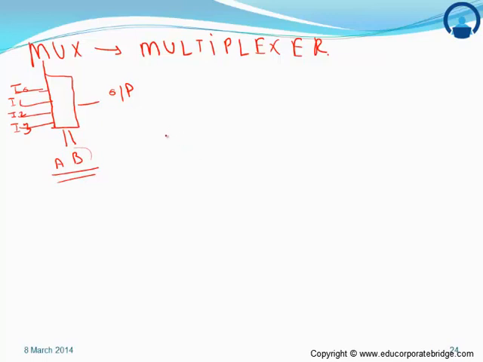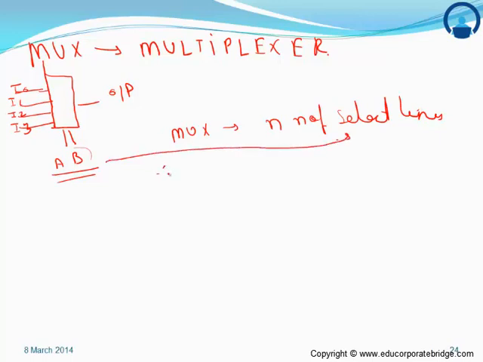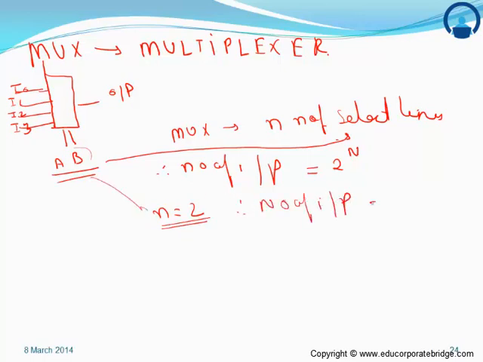Let's say if a multiplexer MUX has n select lines, here A and B, therefore the number of inputs will be 2 raised to n. In this case n equals 2, that is, it has 2 select lines, therefore the number of inputs for MUX will be 2 raised to 2, which gives 4.